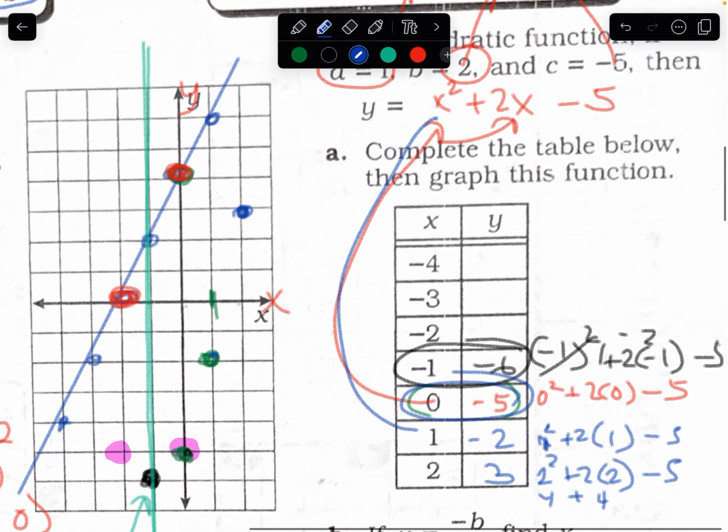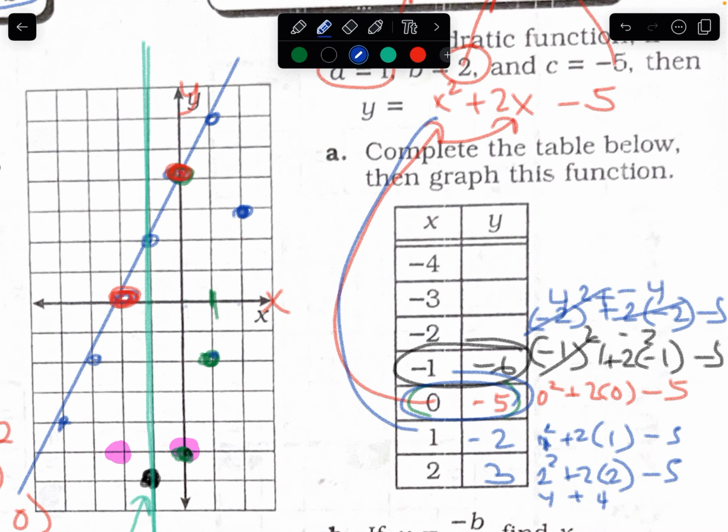So we'll find out: negative 2 squared plus 2 times negative 2 minus 5. This is a positive 4, plus a negative 4 is 0, and minus 5 is negative 5 right there. So knowing that, we know that this spot will be right over here. It's 2 away from there, and this is 2 away, so it's right there. So 3 will be a negative 2.